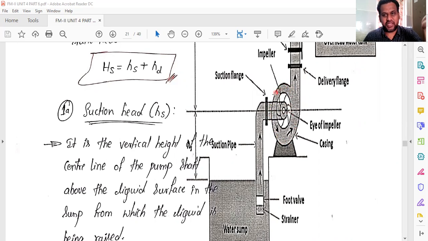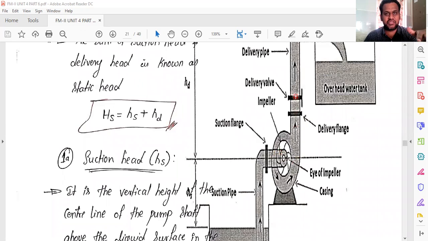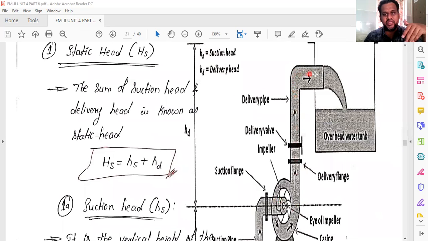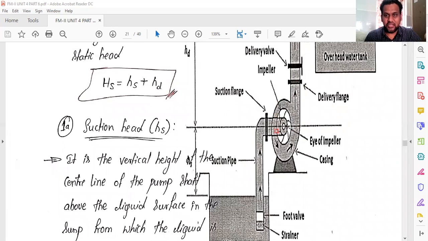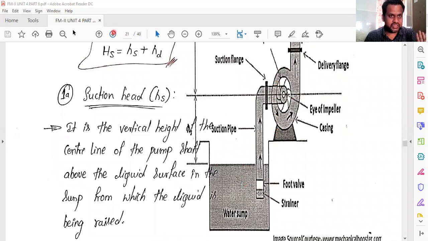You can see the area keeps on increasing, because of which the pressure builds, and the water is lifted and reaches the overhead tank or whatever the destination tank is. This is how the centrifugal pump works. I told all these things in case someone missed the previous class.